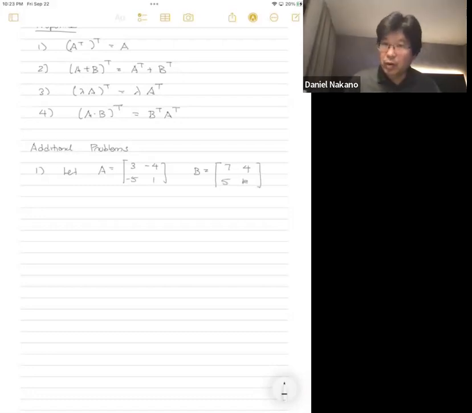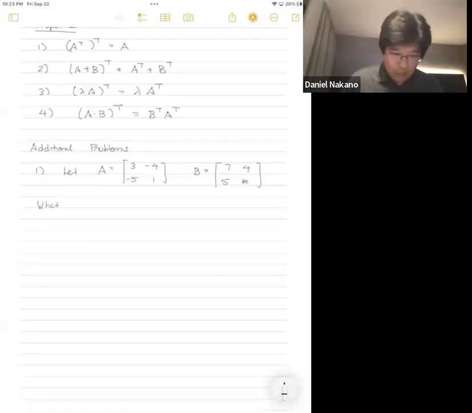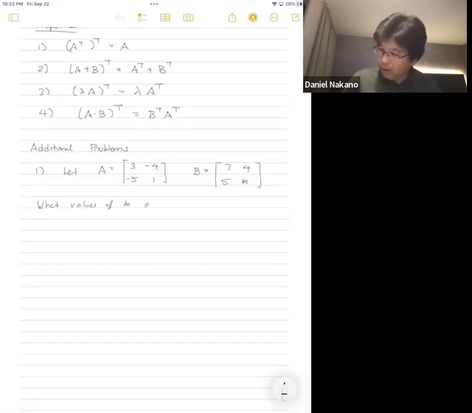All right, so here's the problem. What values of k are such that A times B is equal to B times A?